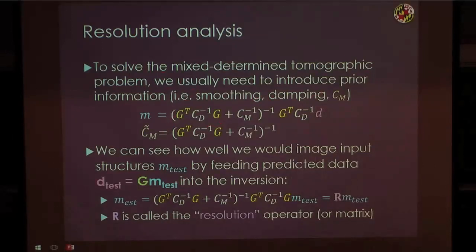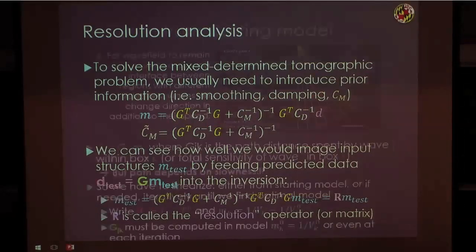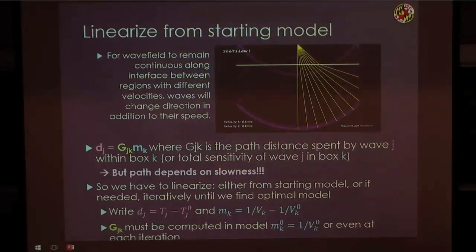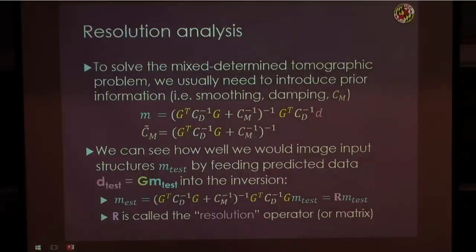The resolution analysis. Let's say that we do this procedure of linearization, and then we want to say, well, how good is the model that I get? What features of that model might I be able to trust, and what features should I not trust? Well, I already taught you that you can take a look at this model covariance matrix.